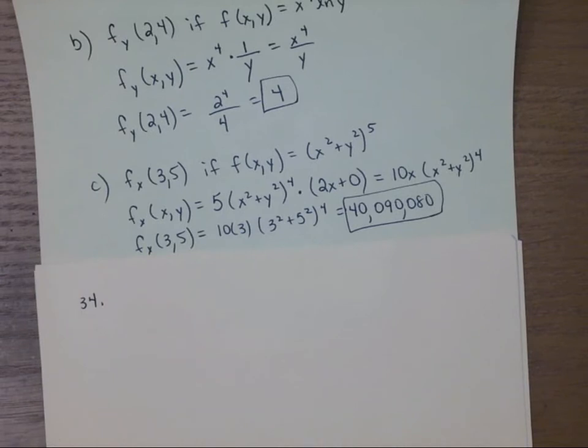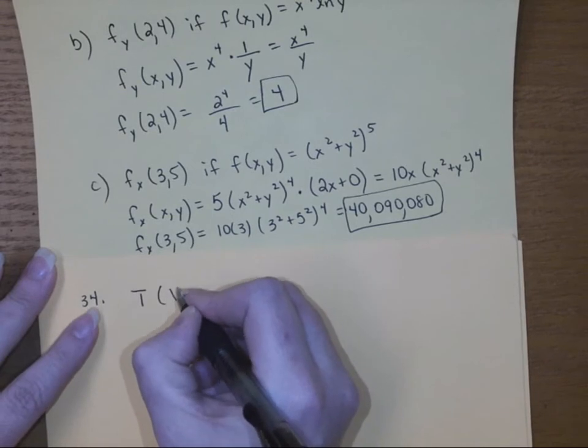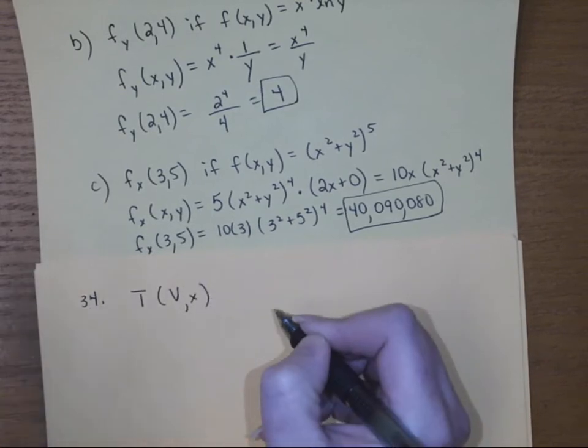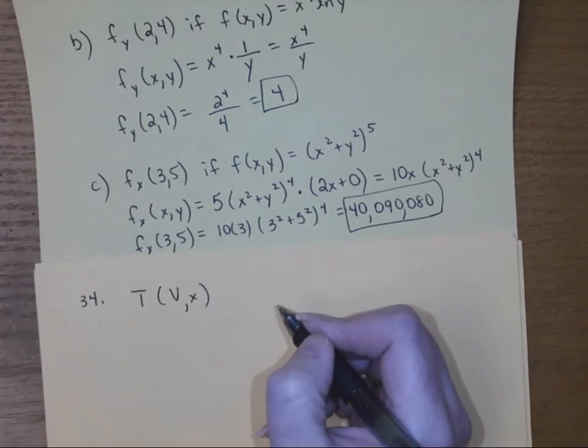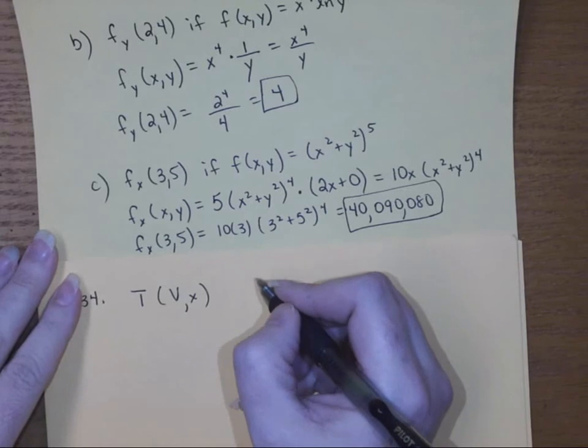Okay, so 3 more problems to go. All right, so 34. So we have T of V comma x. Okay, so this is volume of the air, or the air pressure, and then the depth of the dive.